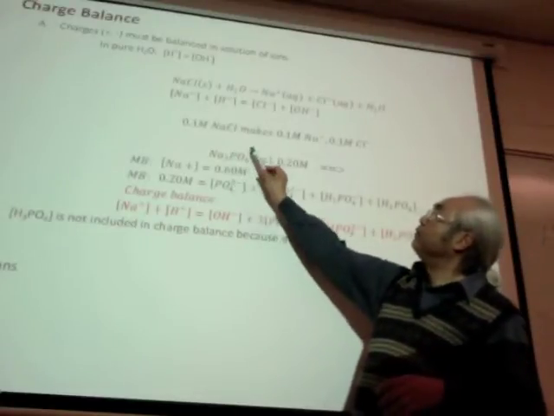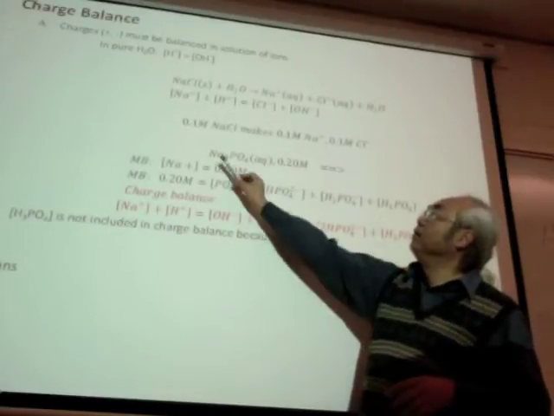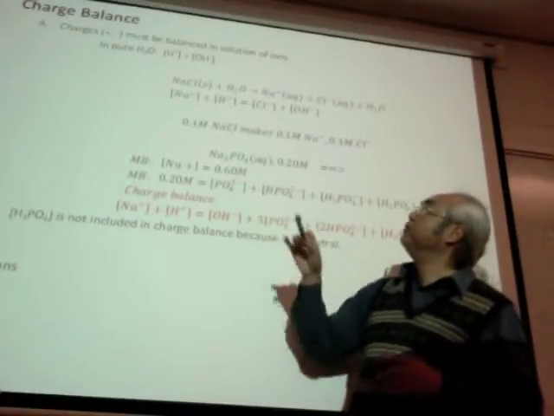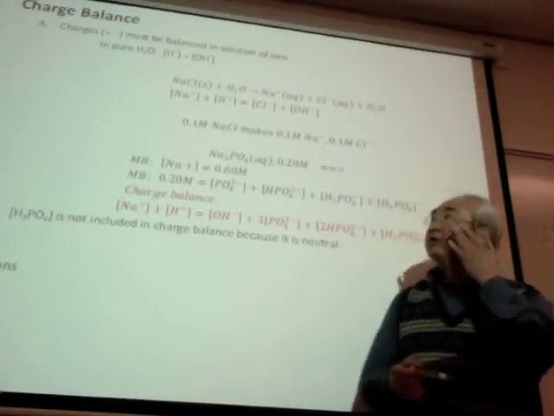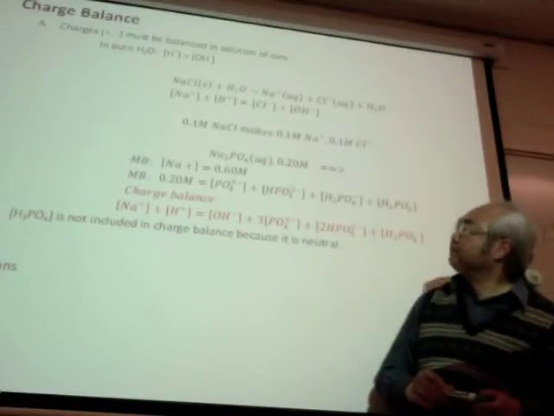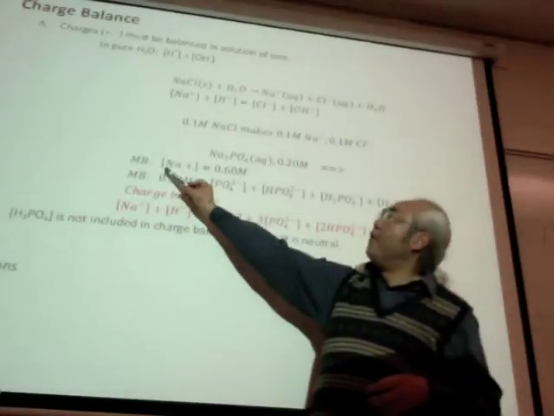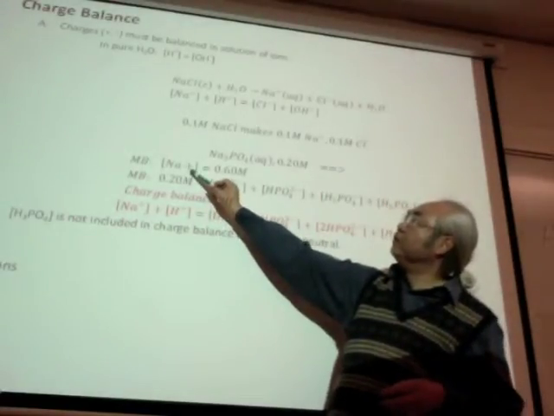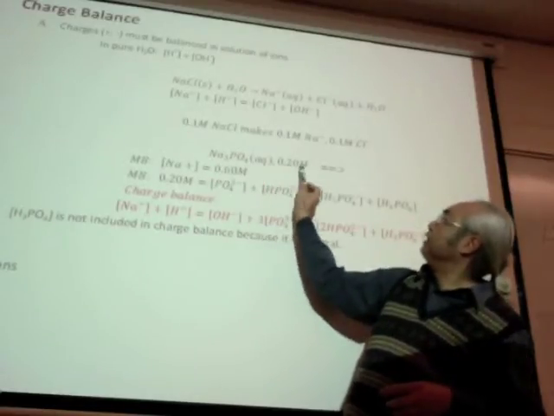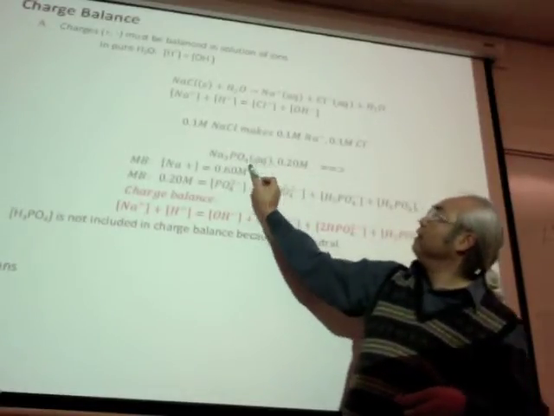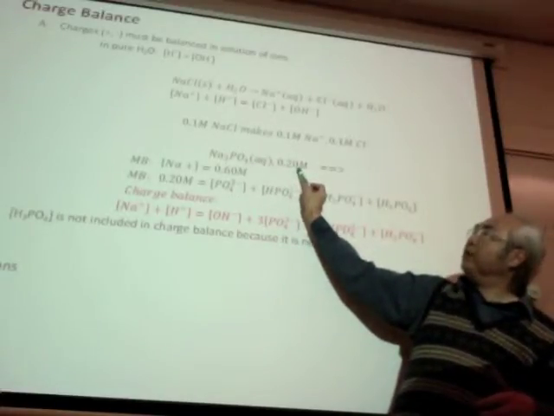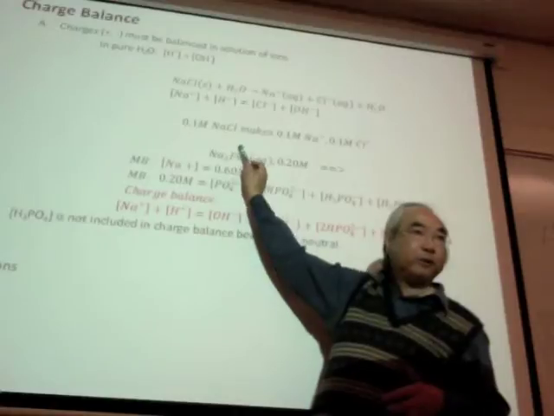Instead of dissolving NaCl, we dissolve sodium phosphate, you better know the formula will be like this. So dissolve into water, the total quantity. Now, for mass balance, the formula you prepare is 0.2 molar. This stands for the whole formula.